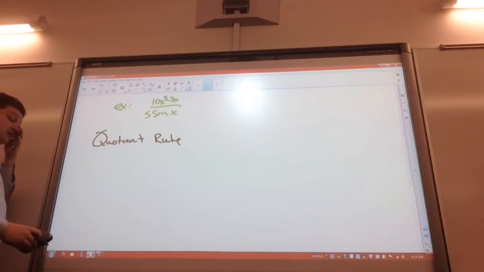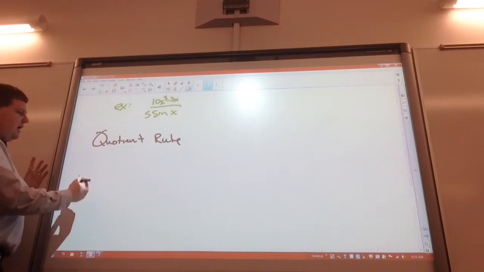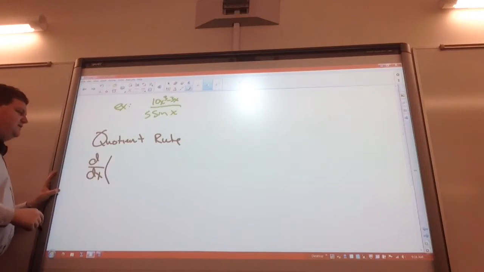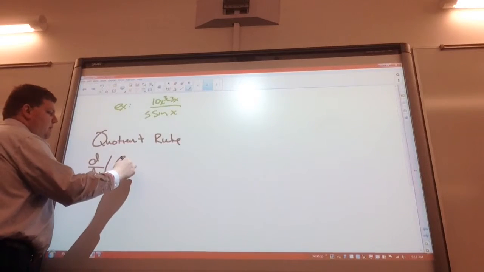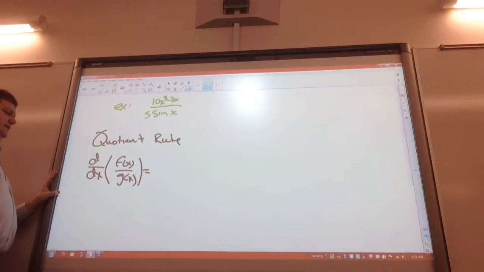Okay, quotient rule. Basically, the quotient rule is just like the product rule in that when I've got one of these derivatives, I have a special way to handle them.